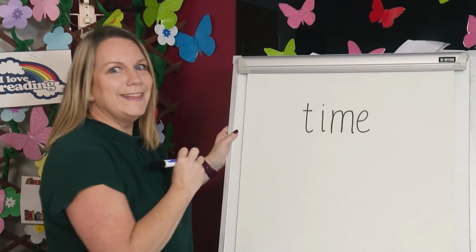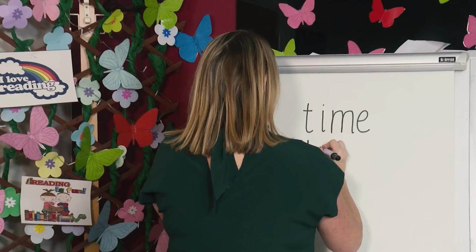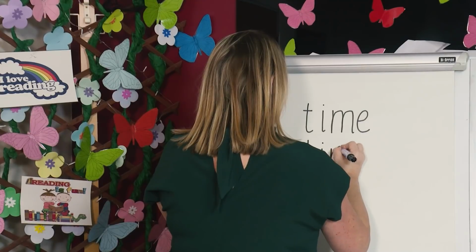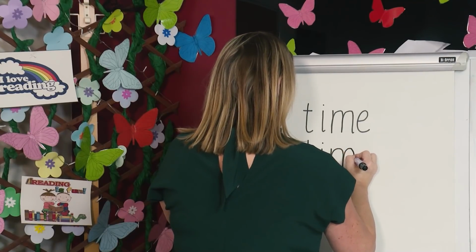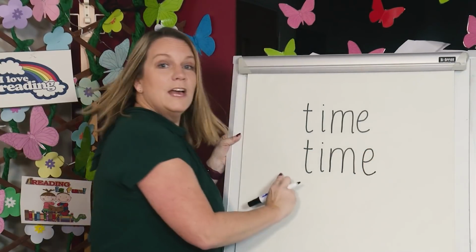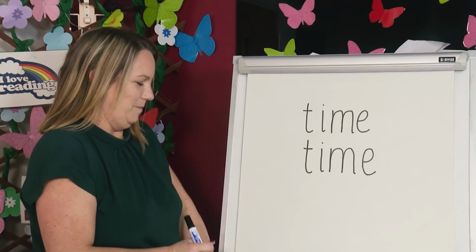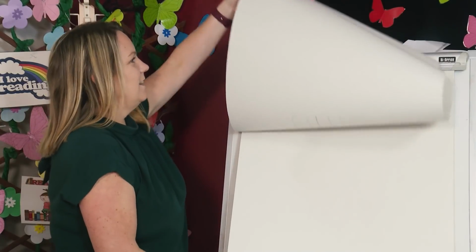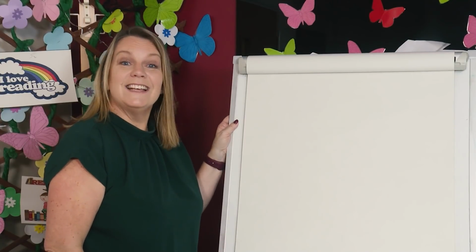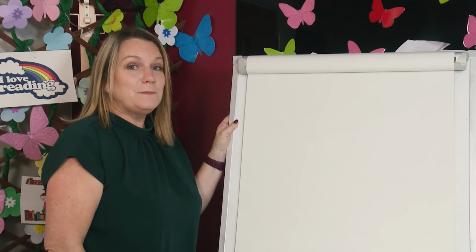So you need to write them like this. Time. T, I, m. Now let's hide the word. You have a go. Say the word. Say the sounds. Write them down. And don't forget the split digraph.